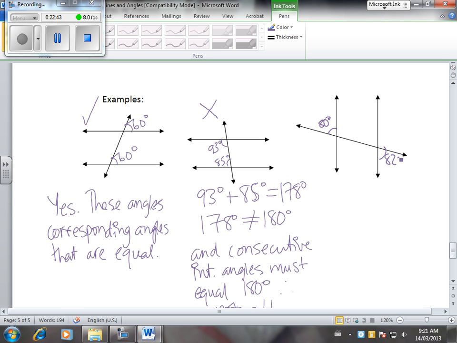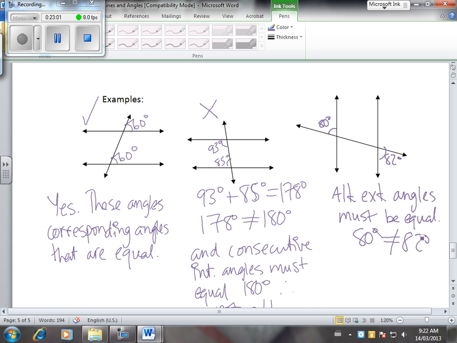Alternate exterior angles. And alternate exterior angles must be equal in order for the lines to be parallel. And 80 degrees does not equal 82 degrees. So therefore, these are not parallel.